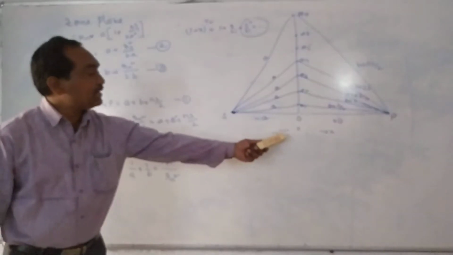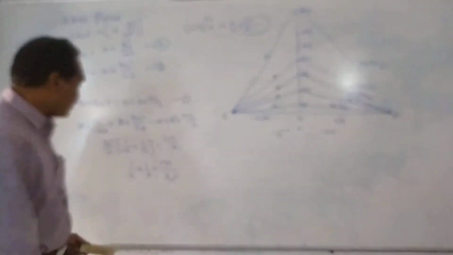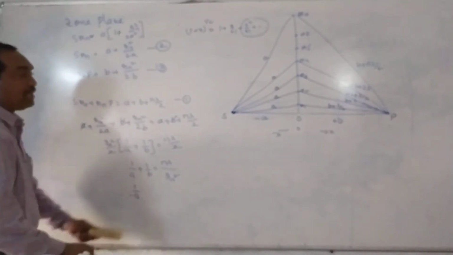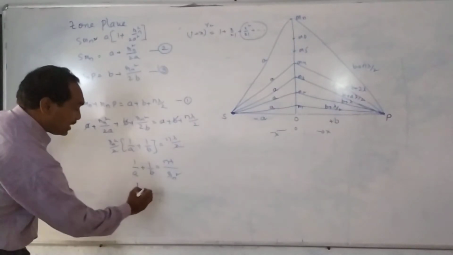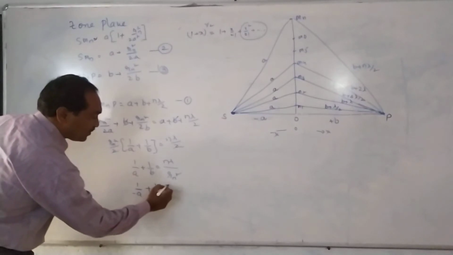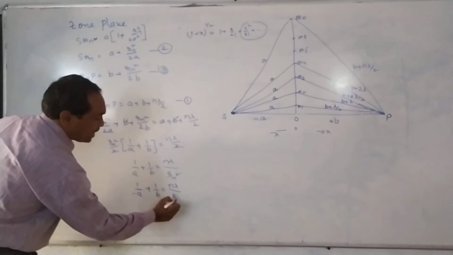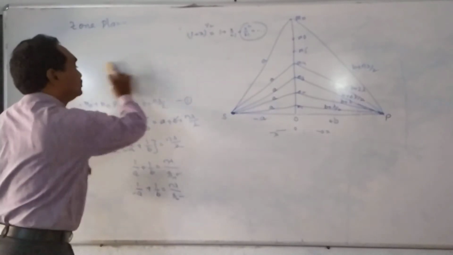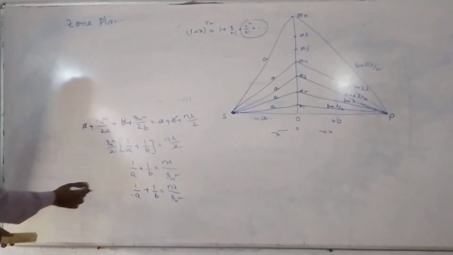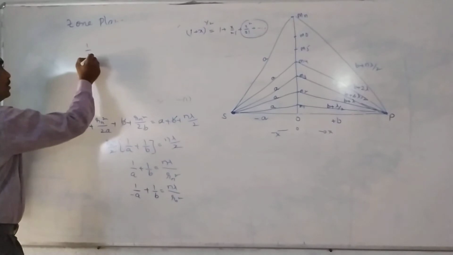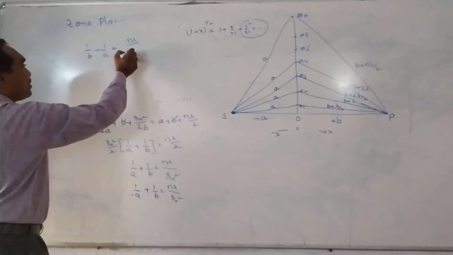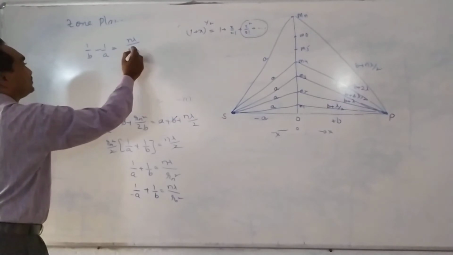Because this is along the negative x-axis, when we substitute into this equation, 1 by A is replaced by minus 1 by A, plus 1 by B is equal to n lambda by Rn square. Now 1 by B minus 1 by A is equal to n lambda by Rn square.